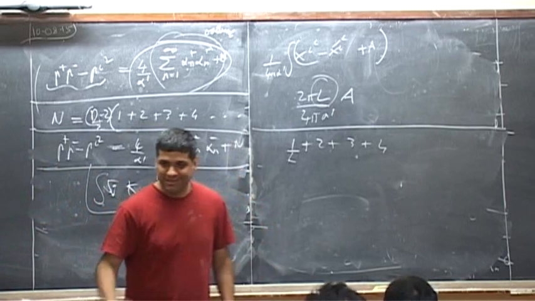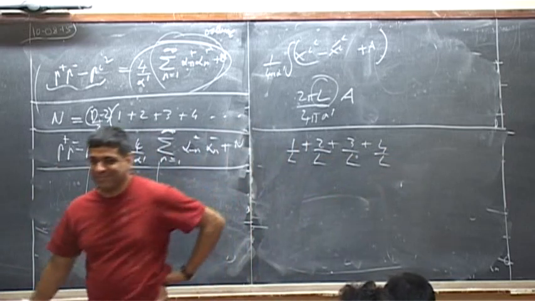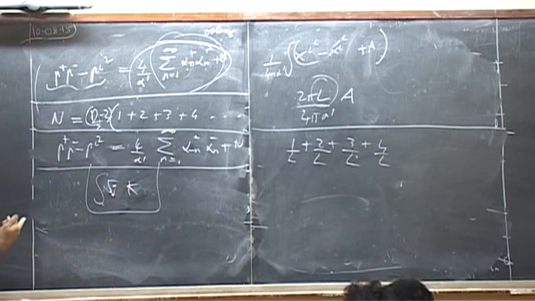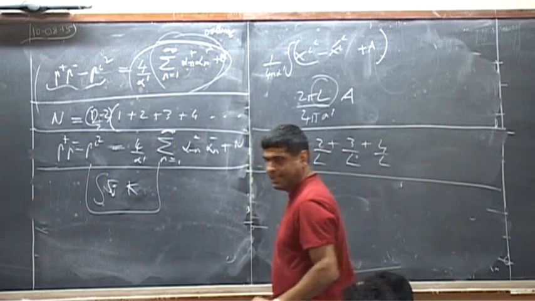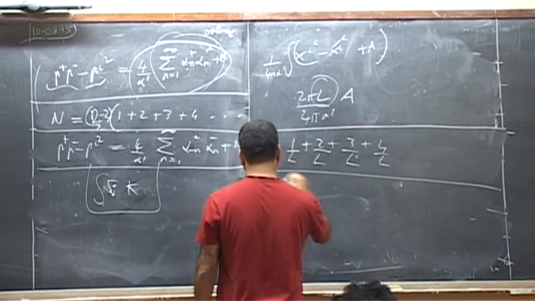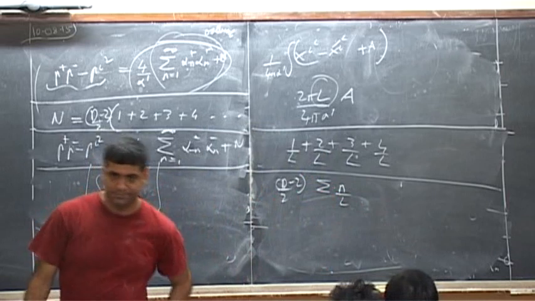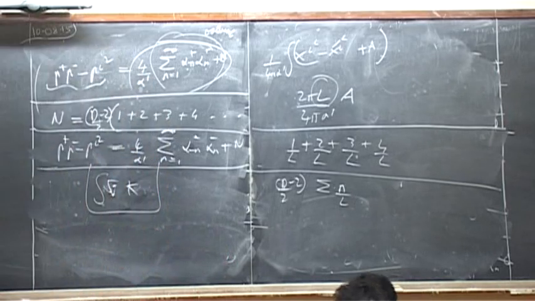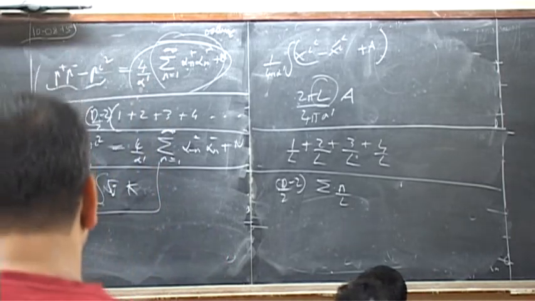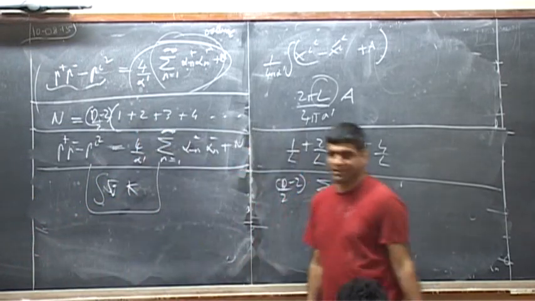It's an L squared over L. So it would be 1 by L plus 2 by L plus 3 by L. So this quantity here is simply half of d minus 2 times the sum over n by L. That's clear? It reduces to the earlier quantity when L is 2 pi and n is 1.